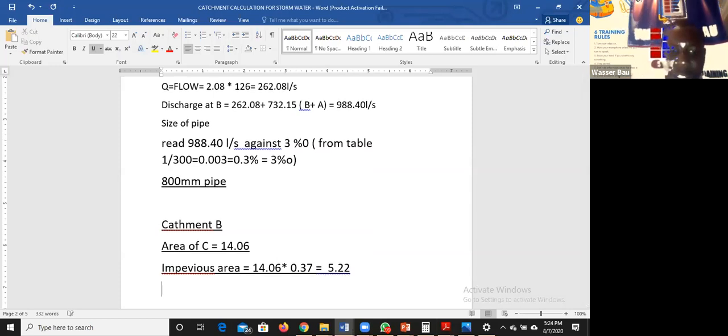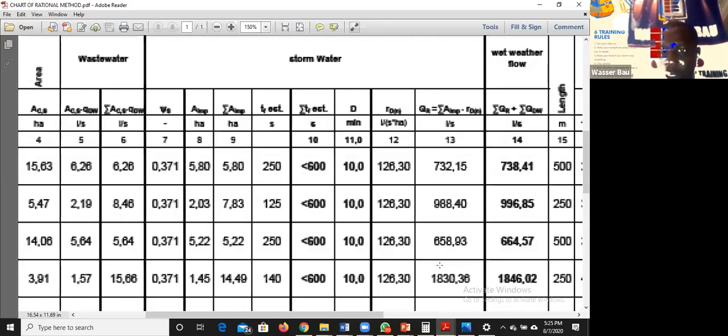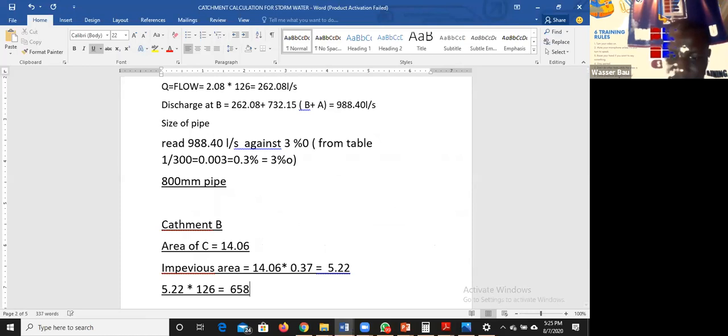So you now say 5.22 multiplied by 126. 126 is the rainfall intensity of that area. So that will give you 658.93 liters per second.